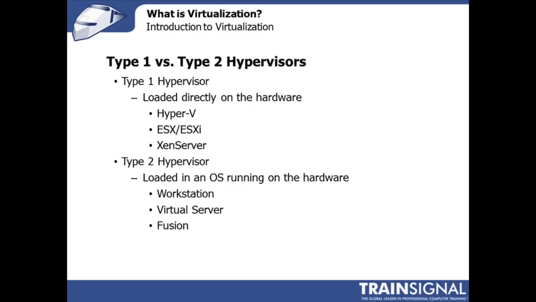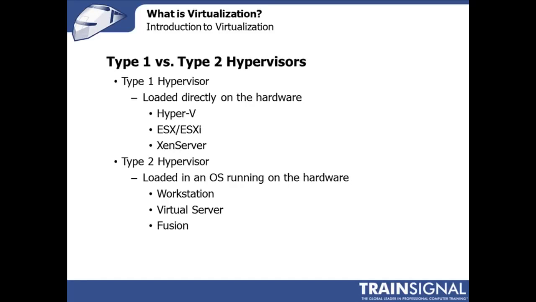On the other hand, Type 2 hypervisors are still very useful because if you just want to run a couple virtual machines, let's say on your laptop or your desktop PC, the Type 2 hypervisor is the way to go. You could run an Exchange virtual machine or a web server or a Linux virtual machine inside Windows using these Type 2 hypervisors.